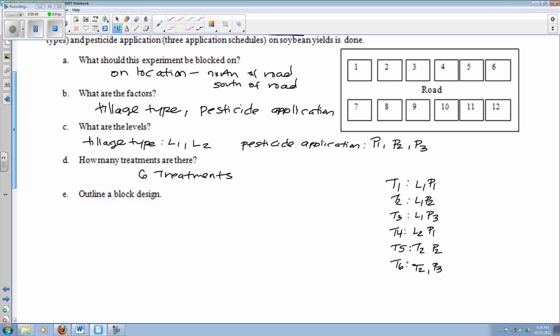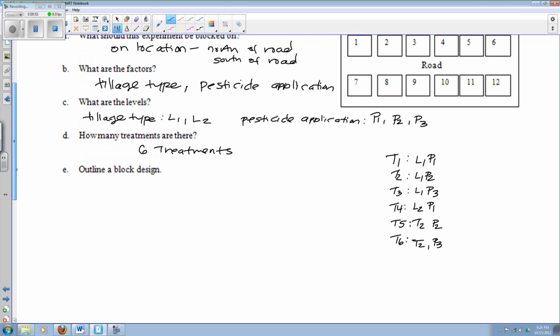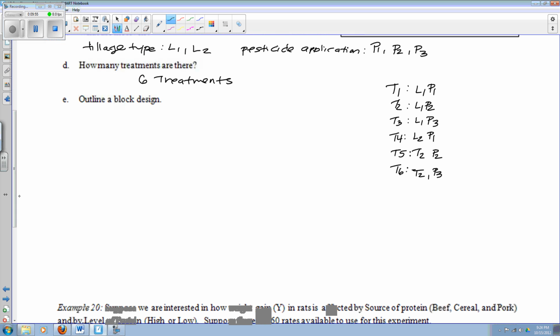Okay. We want to outline a block design. Okay, so block design, you separate it again based on some characteristic that you know. So this part is not random. So we're going to take our 12 plots. Road's a factor, so we're going to separate them north of the road.